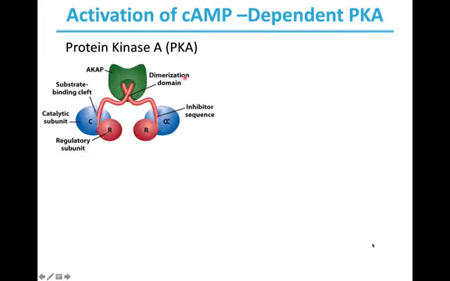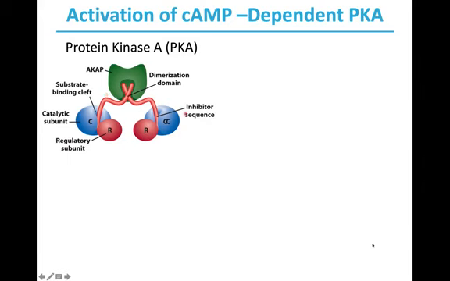Let us examine as to how cAMP activates PKA, or protein kinase A. Now, the structure of protein kinase A is shown in this graphics. As you can see, this protein has various different domains. The first domain, shown in green, is called as AKAP, or A kinase anchoring protein domain.